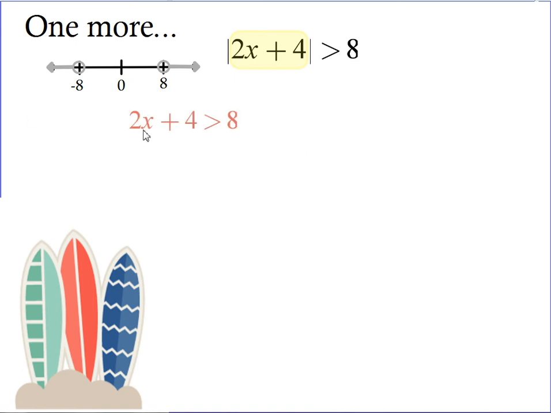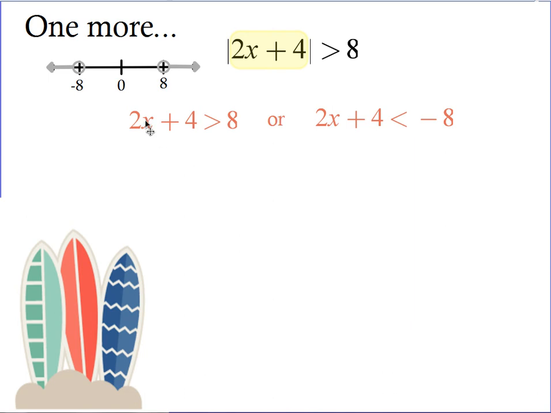That means that 2x plus 4 has to be greater than +8, or it could be less than -8. Remember what we looked at before and the pattern that I said that you'd probably start to see?